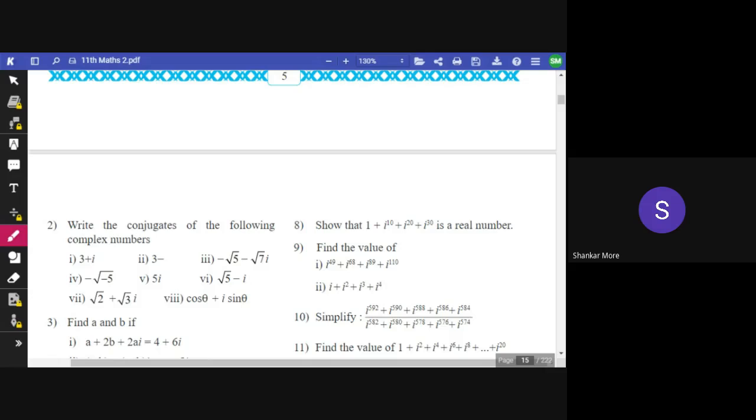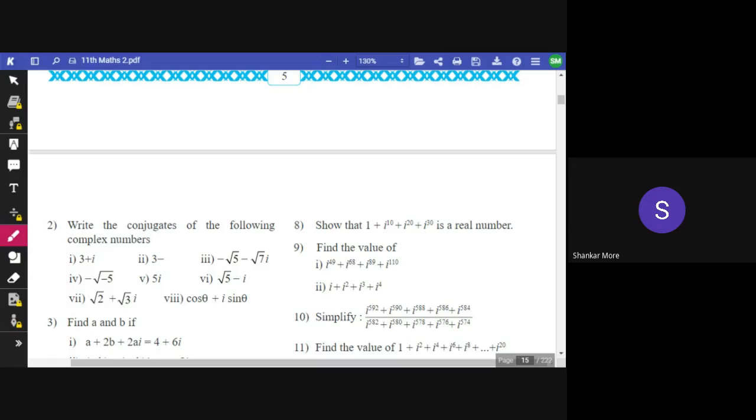Can you tell me where the answers are? Minus root of 7, page 196. Okay, thank you. Let me check. I will quickly check it and then carry forward. Slowly.